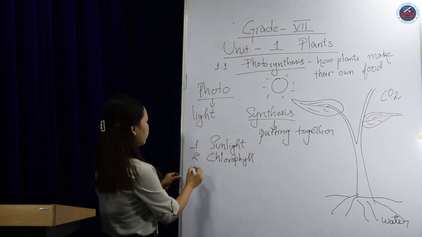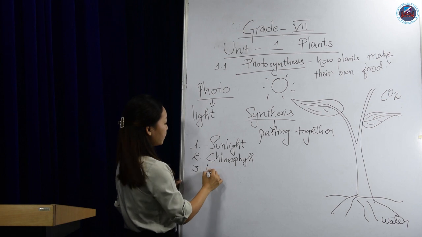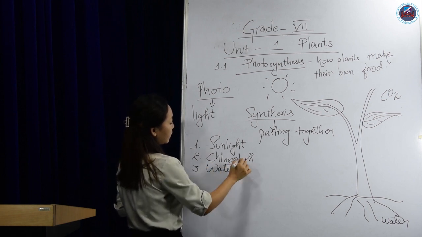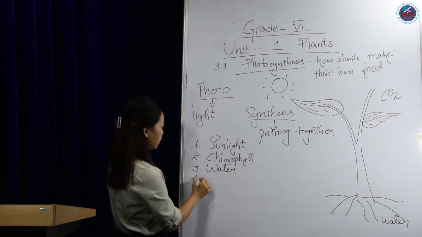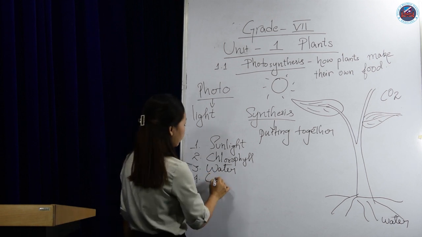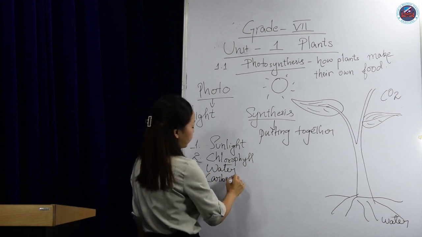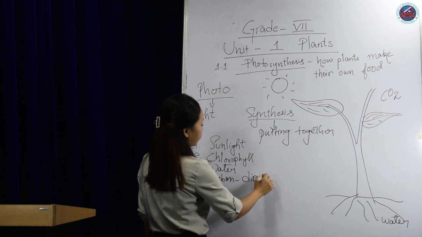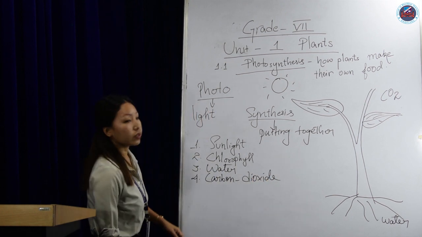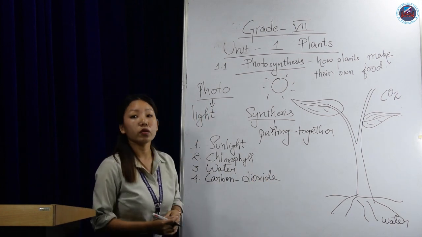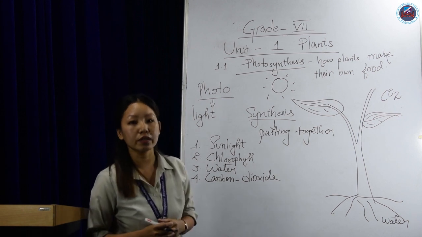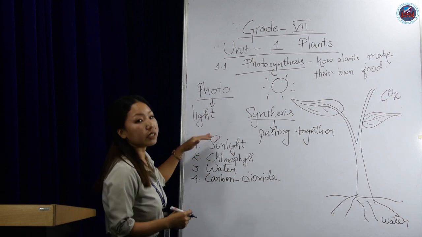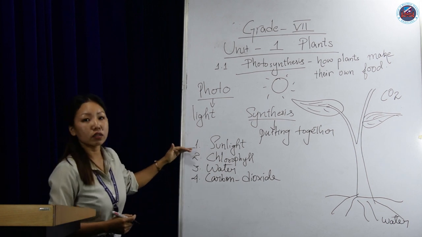Third, they need water. And lastly, they need carbon dioxide. So these are the 4 raw materials required by the plants to prepare their food. Now, let's go into detail on these 4 topics.